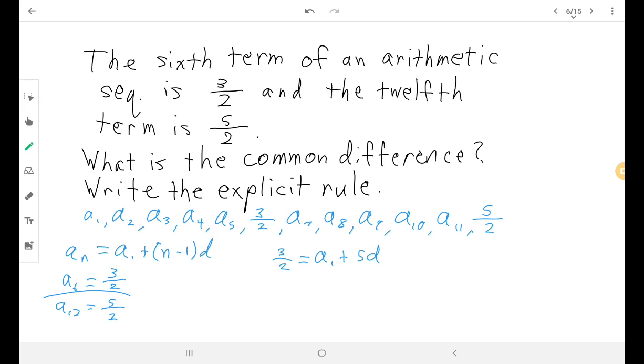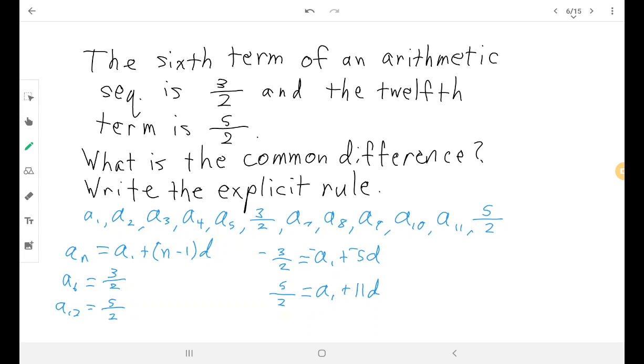And then I know the 12th term, which is 5 over 2, equals A1, again, plus 12 minus 1 is 11 times d. So why don't we make everything in the top negative. I'm going to solve this by elimination.